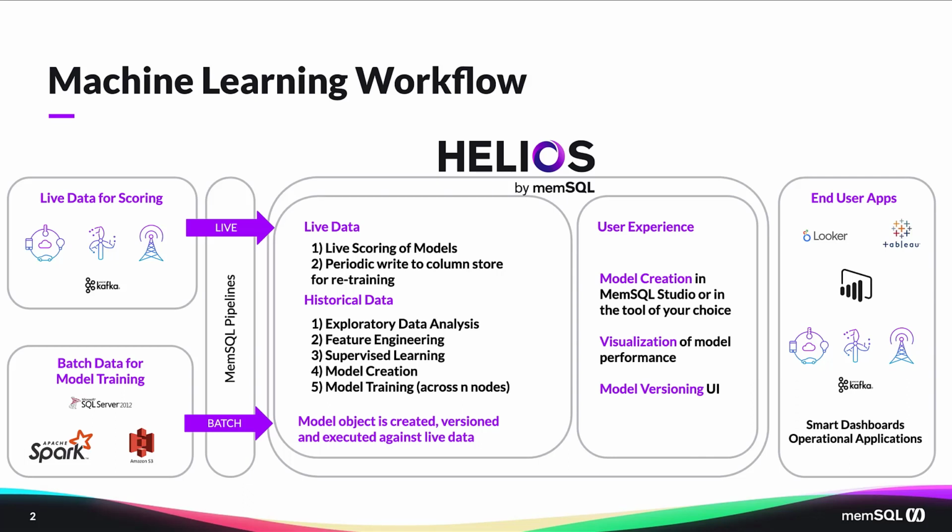You can then use visualizations in platforms like Looker, Tableau, Power BI, etc. And if you'd like, you can even take the inferencing that you're doing within MemSQL Helios and select those inferences out into a downstream Kafka topic. What that enables you to do is then create downstream decisioning within your operational applications.